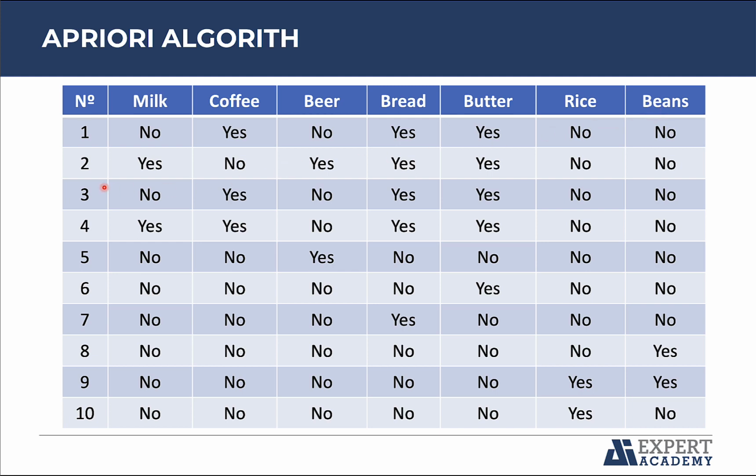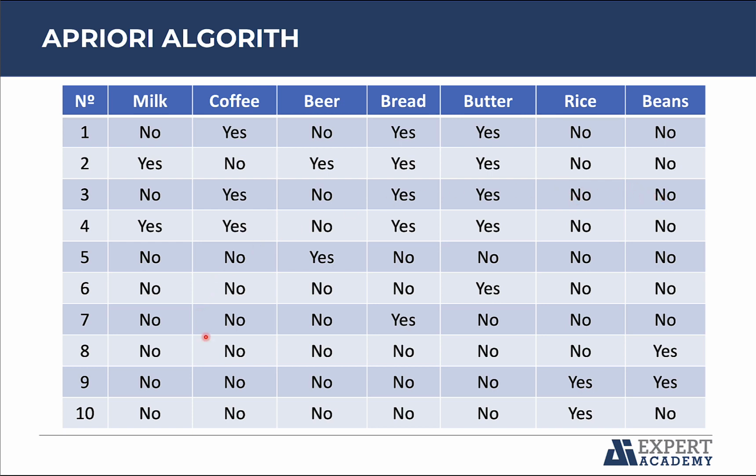The second client bought milk, beer, bread, and butter, and didn't buy coffee, rice, and beans. The third customer bought coffee, bread, and butter, and didn't buy milk, beer, rice, and beans.